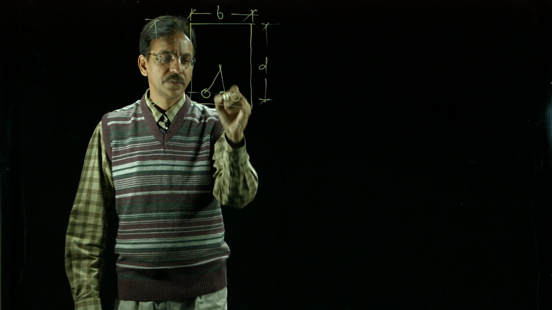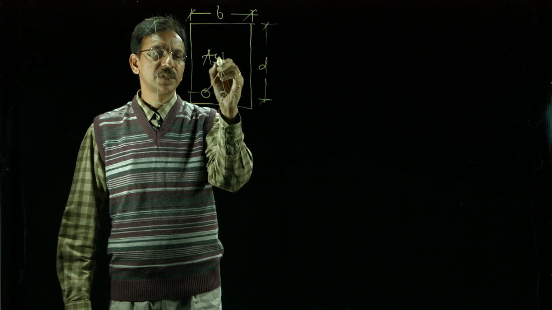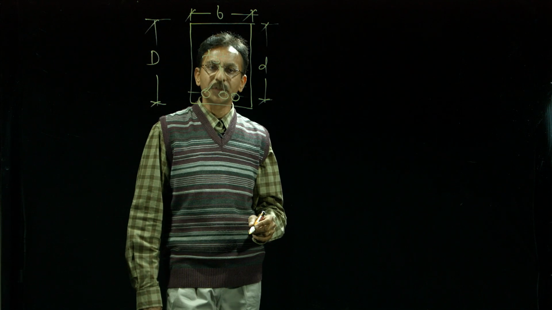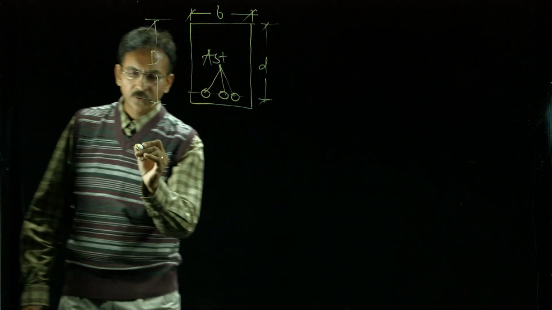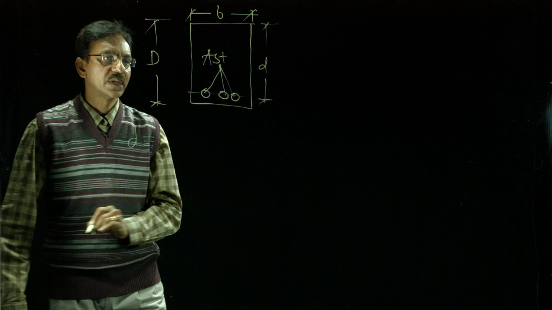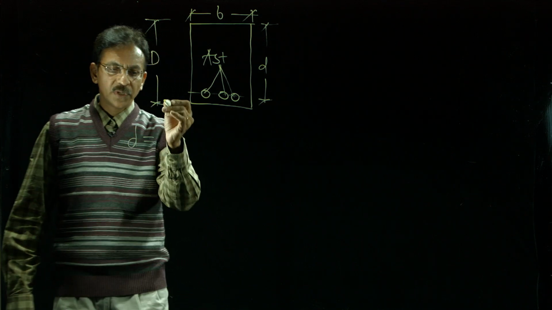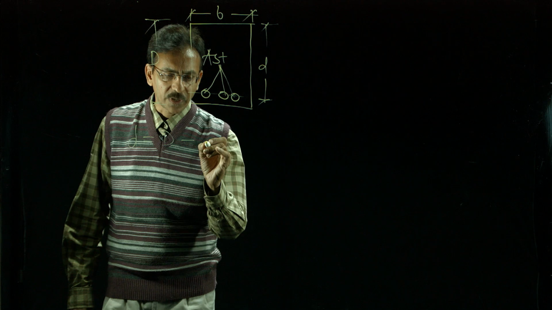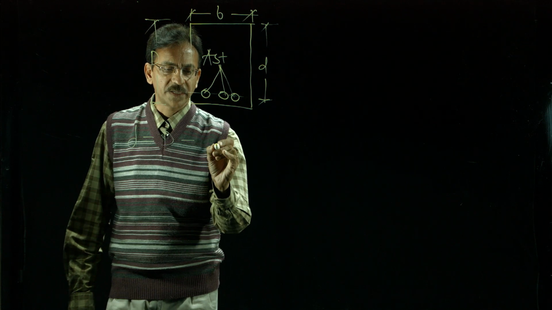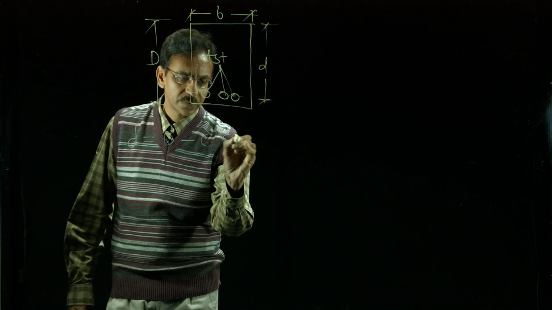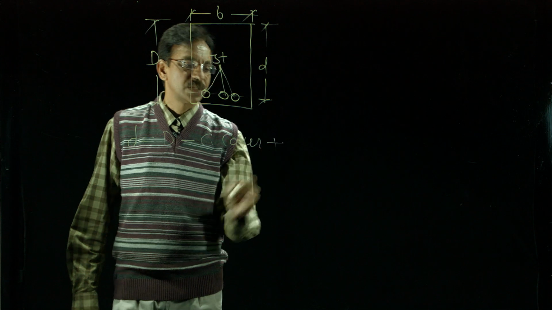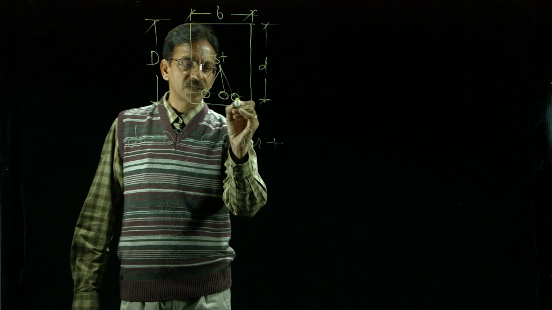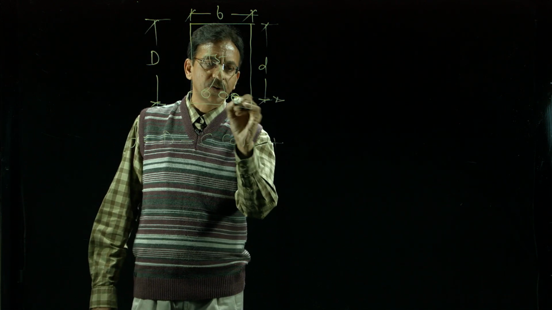Now, this is the total steel at tension zone. So, how do you calculate this small d? That is equal to the overall depth of the beam minus the effective cover, where the effective cover contains the clear cover plus half the diameter, because the tensile force acts at the CG of the steel.